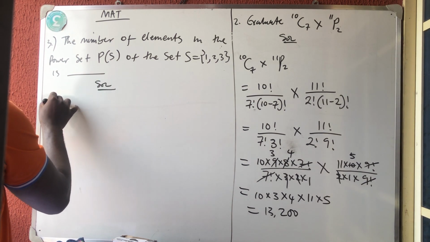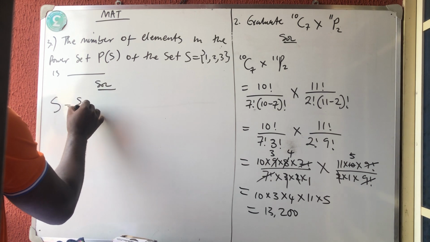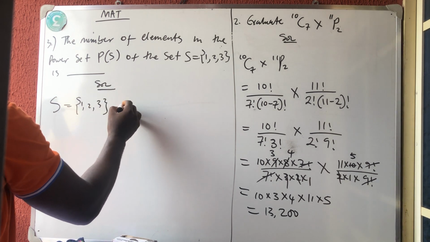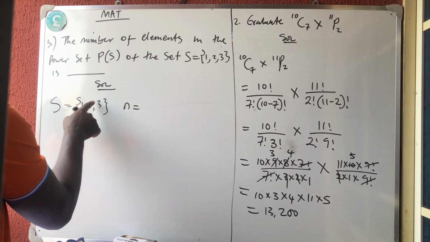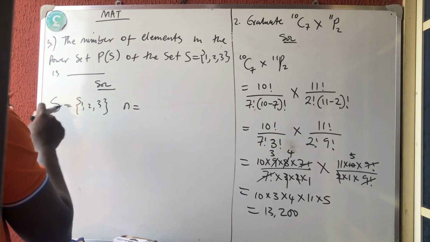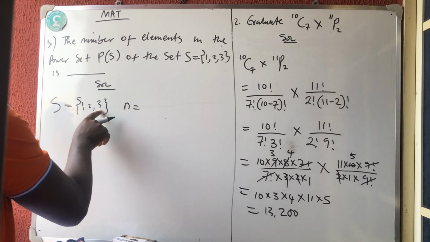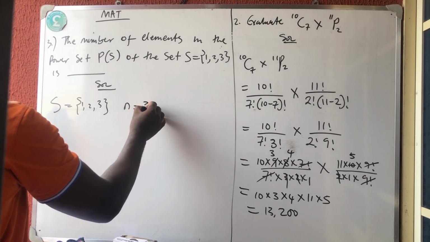Solution. Now we have that S is equal to the set 1, 2, 3, which means that the number of elements in this set is just 3 elements, not because it ends in 3, but because there are just 3 elements here. So my n is 3.